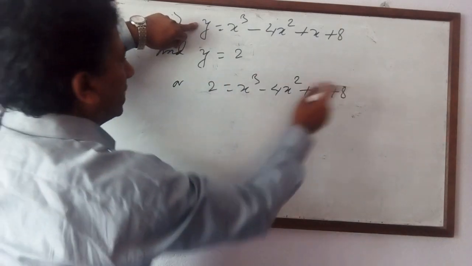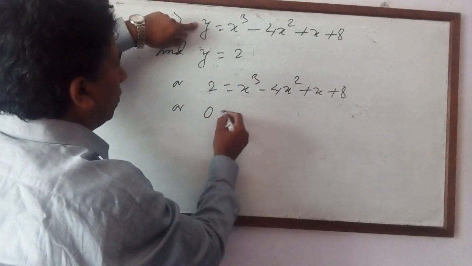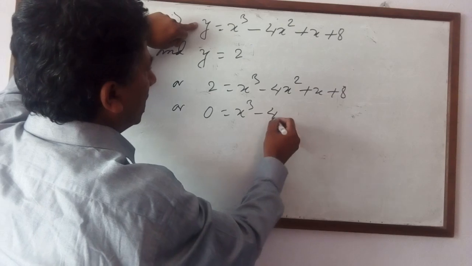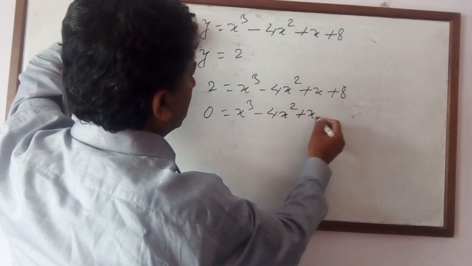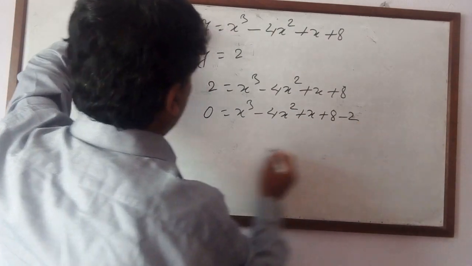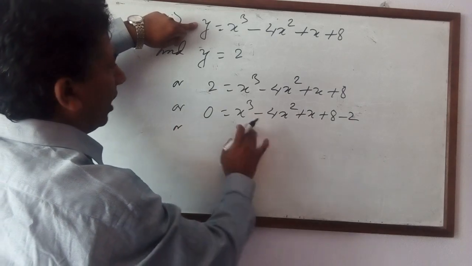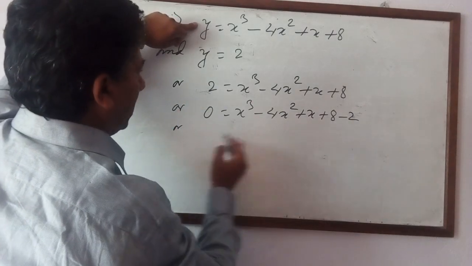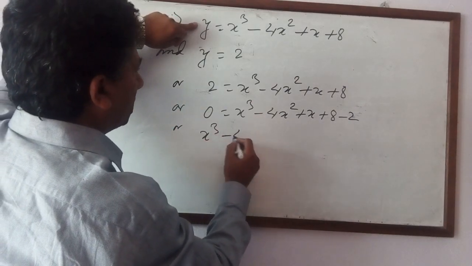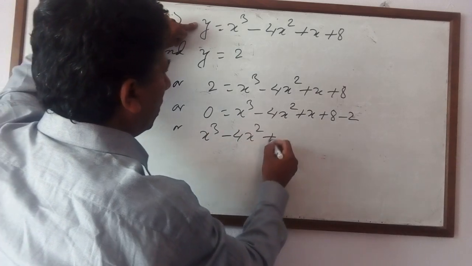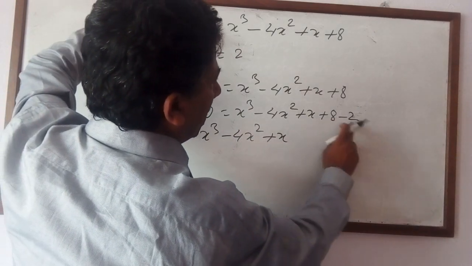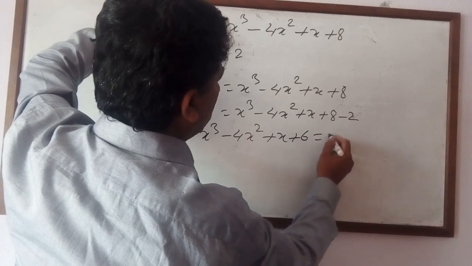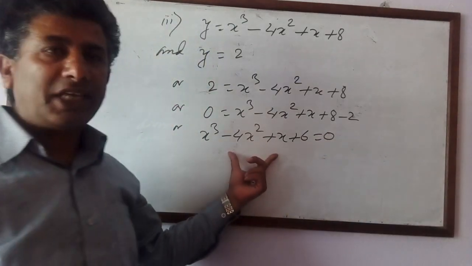Then bring this to that side, so 0 = x³ − 4x² + x + 8 − 2. I'll write the total on this side and 0 on that side: x³ − 4x² + x + 8 − 2 = x³ − 4x² + x + 6 = 0. Now again we found the same form.